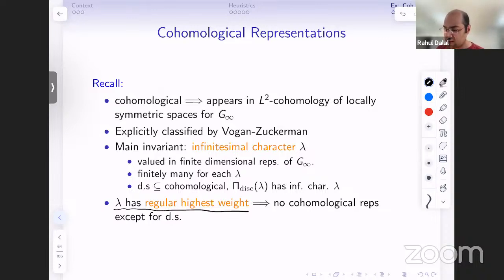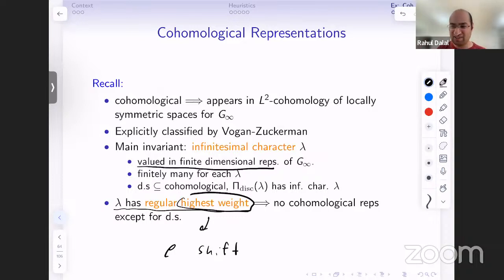I do have to warn here that I'm normalizing things differently than maybe the way you'd say highest weight. What I'm saying here is that I'm thinking of the infinitesimal character as valued in finite dimensional representations, and I'm talking about the highest weight of that finite dimensional representation. Normally the infinitesimal character is a weight, and there's a rho shift.